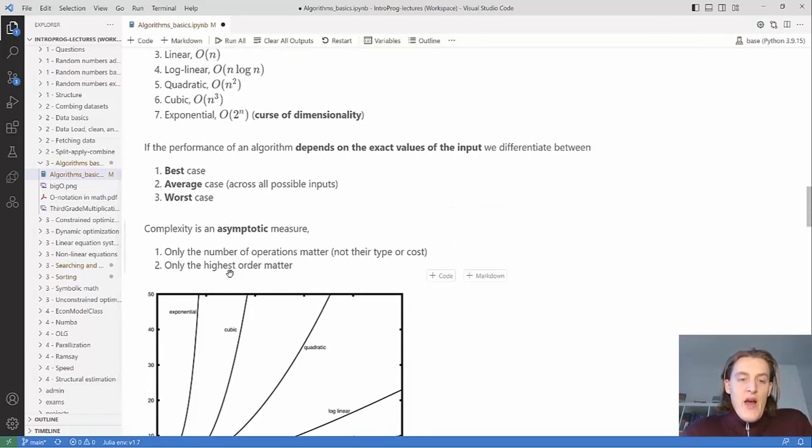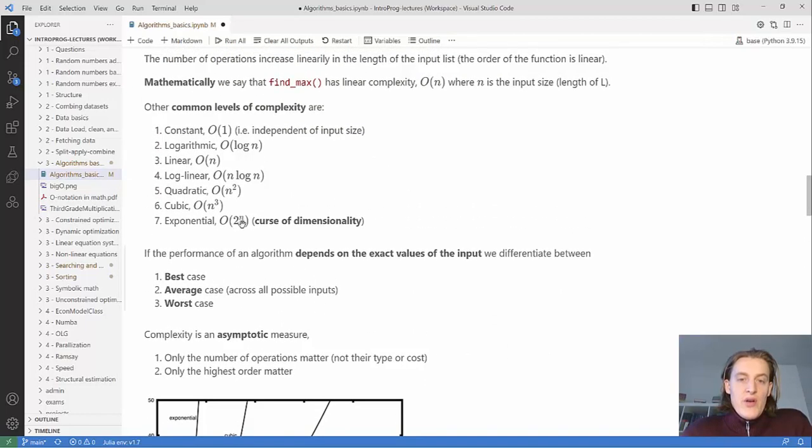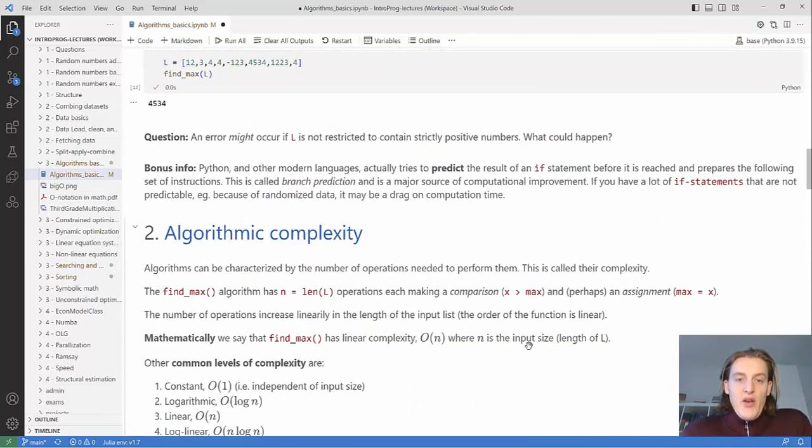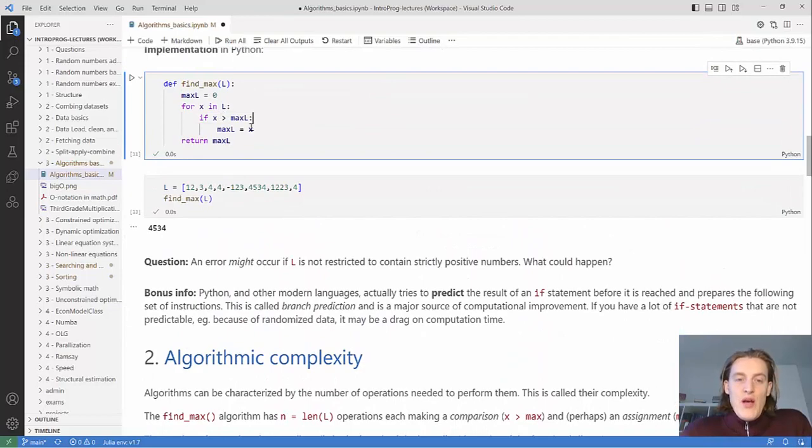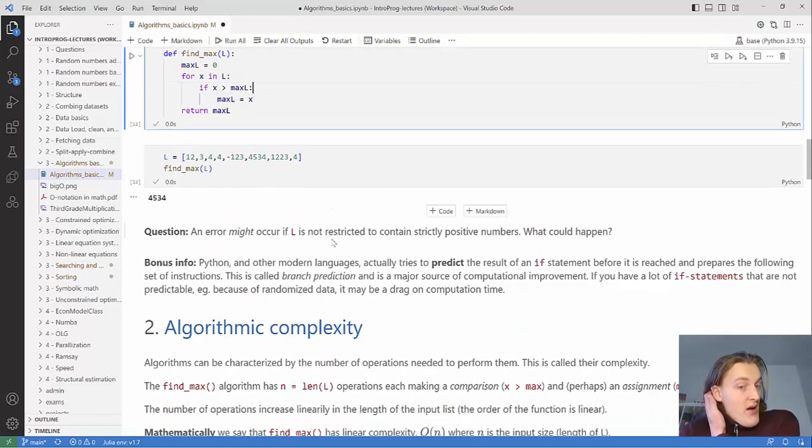And typically you only care about the highest order. For example, we abstracted away from the fact that you have 2 times n in the worst case up here.